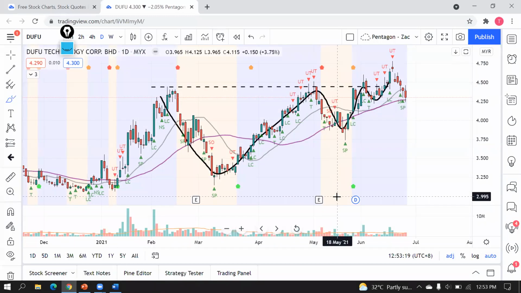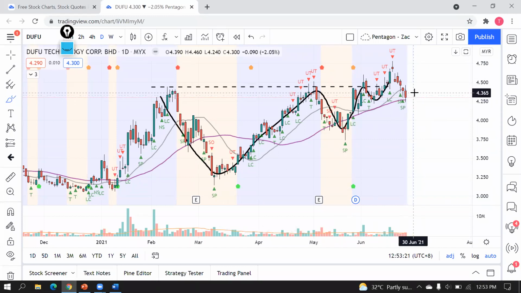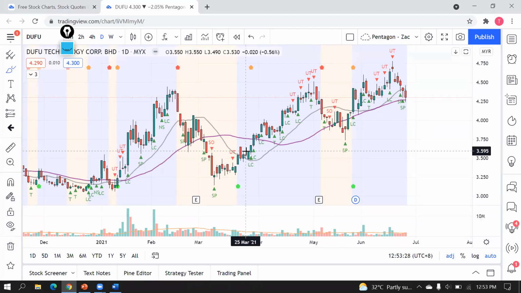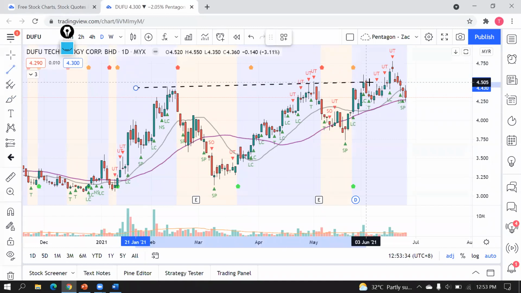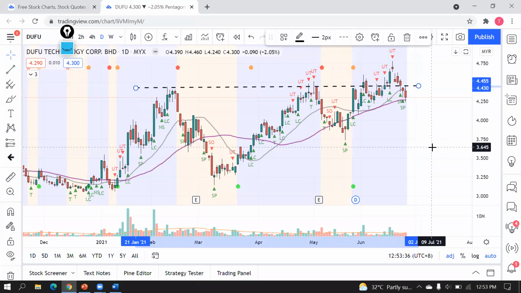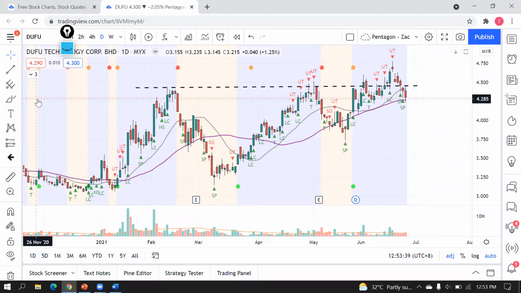Dufu also dropped below again, but on low volume.